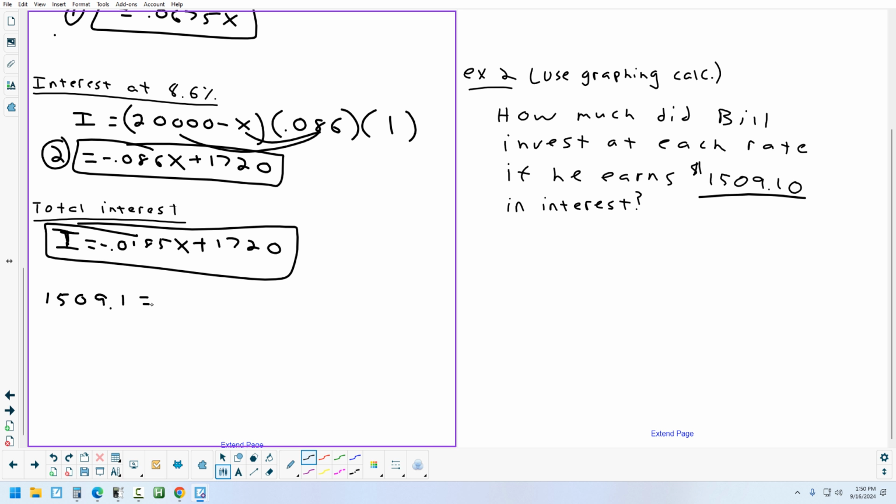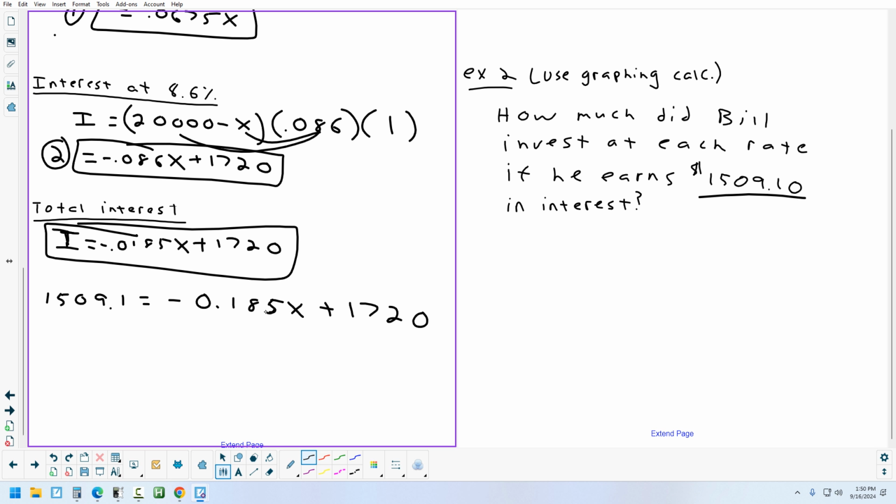So you'd have 1,509.1 on the left, and you have this on the right. And what are we solving for there? X. Yeah. But I want to use the graphing calculator.